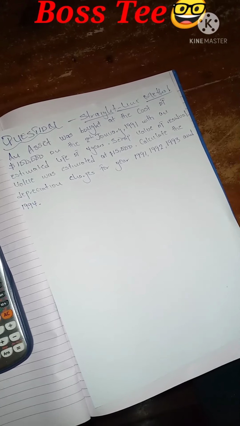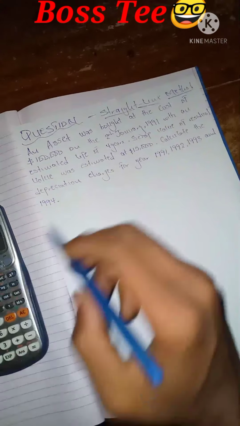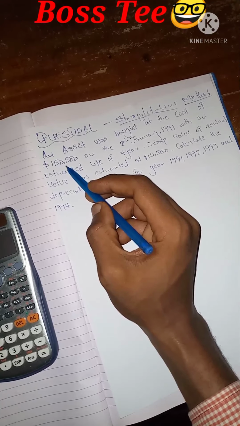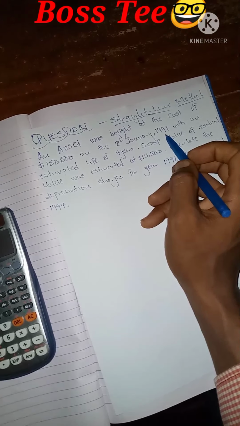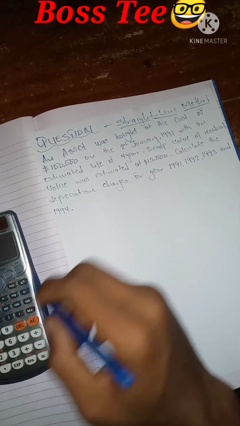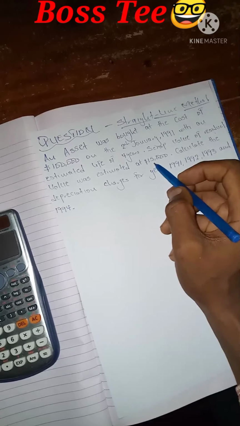But first, let us understand the question. It says the asset was purchased at a cost of $100,000 when the date is 2nd January 1991. But there was a scrap or residual value which is $15,000.